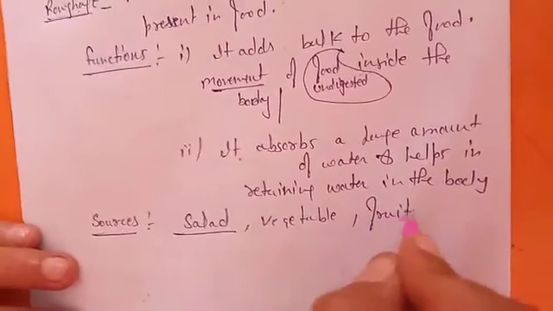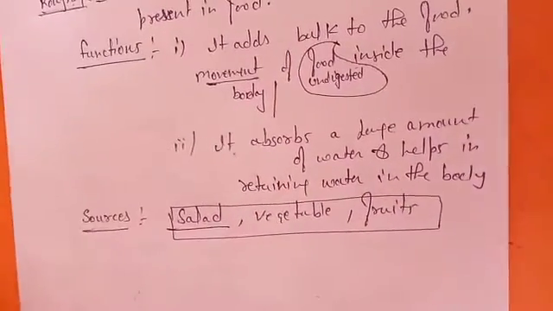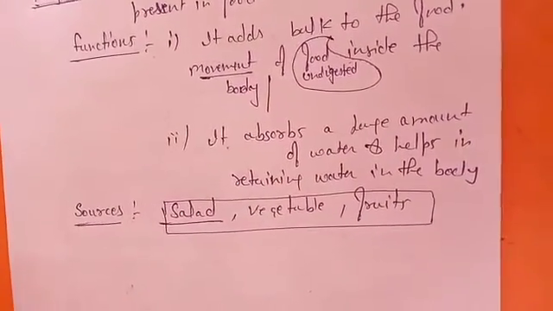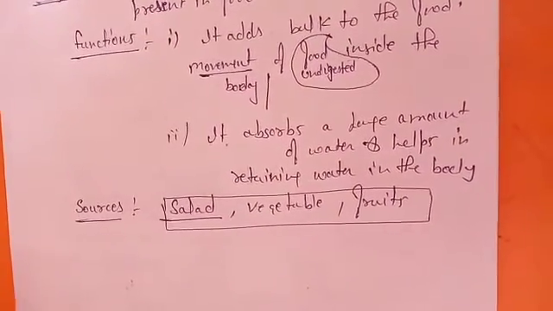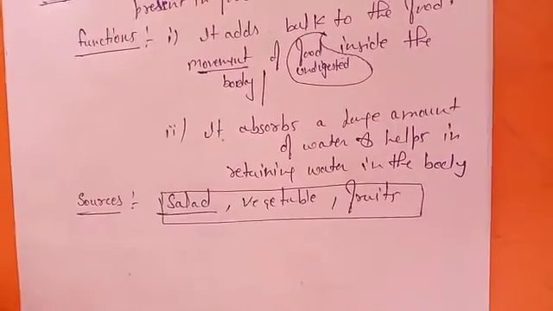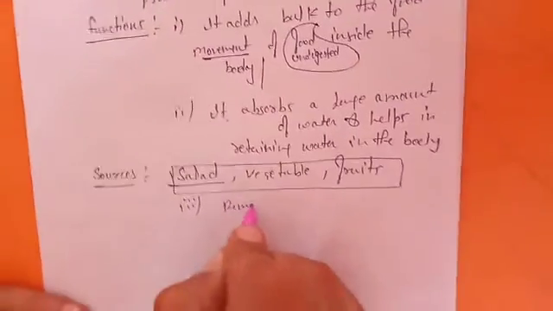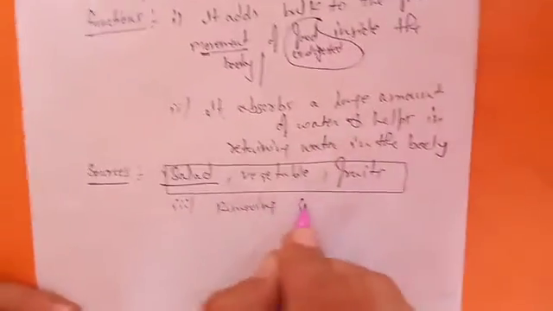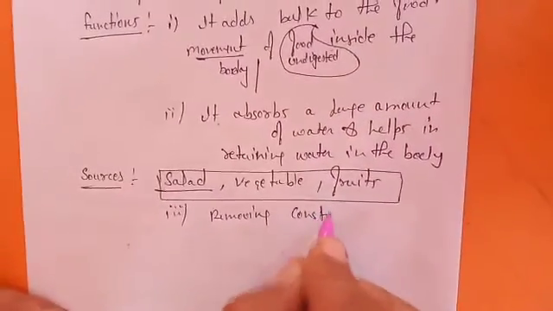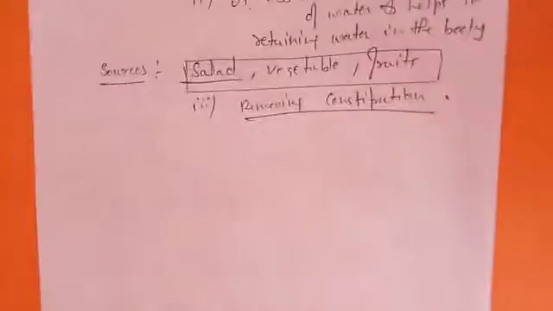These are good examples of roughage. You should take vegetables and fruits regularly in your daily diet, because they help in removing constipation. This is the third function you can tell.